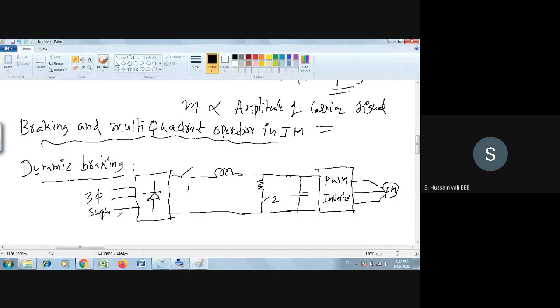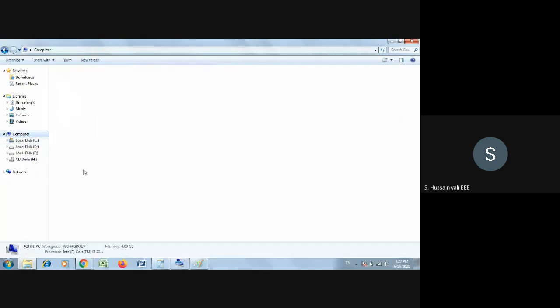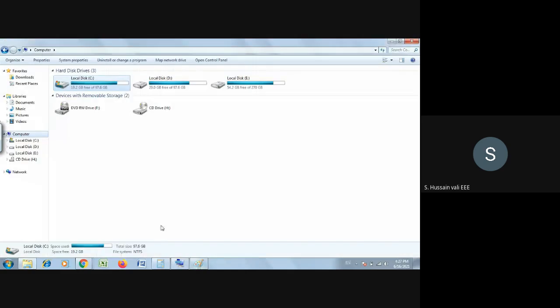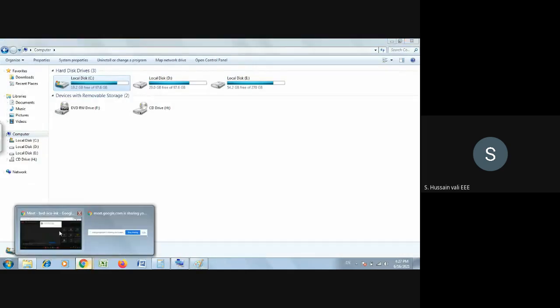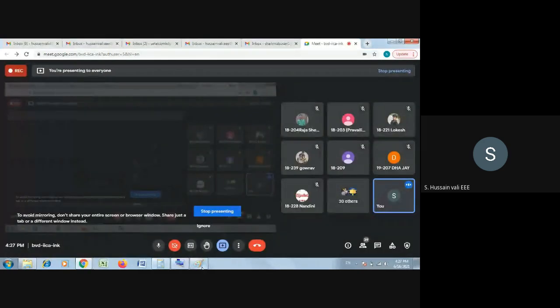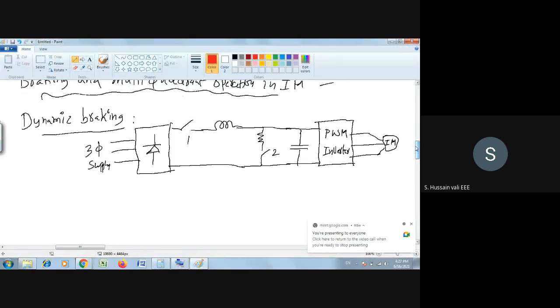You see the operation here. The operation is very simple. Here you have two switches, switch one and two.